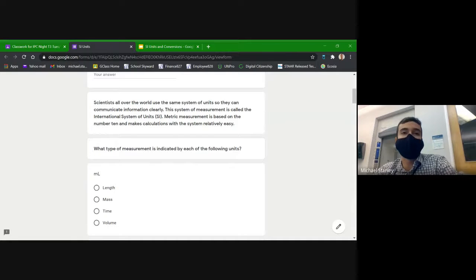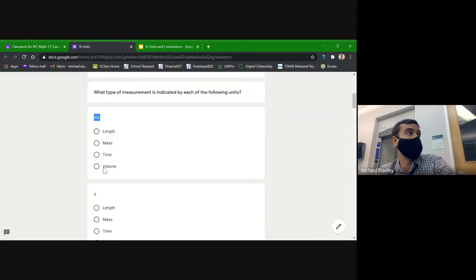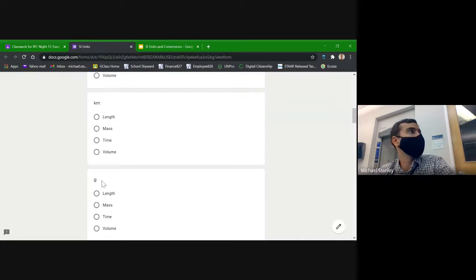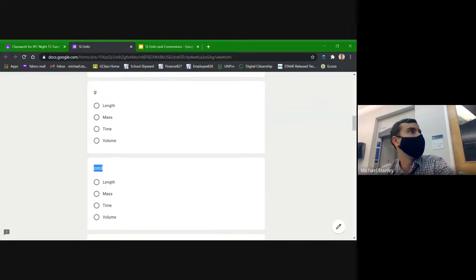So you might see some seconds or some minutes thrown in here, but all the other ones are going to be like mLs or kgs or m's or cms. For each one of these, I want you to tell me, is it length, mass, time, or volume?